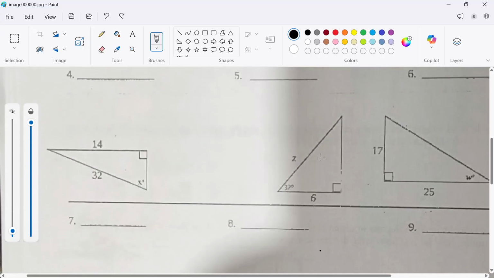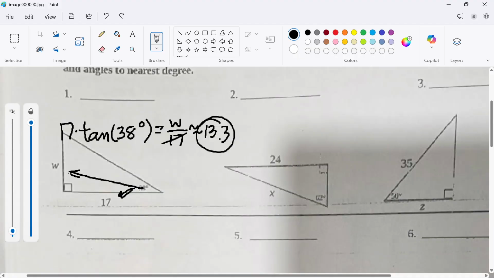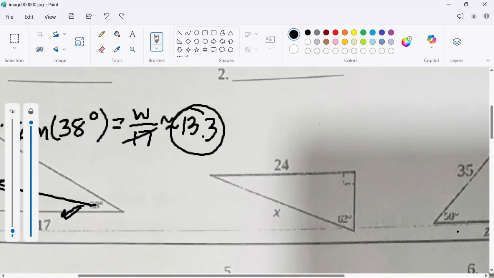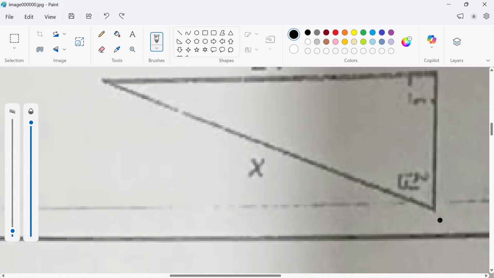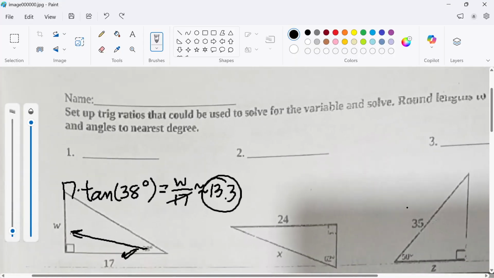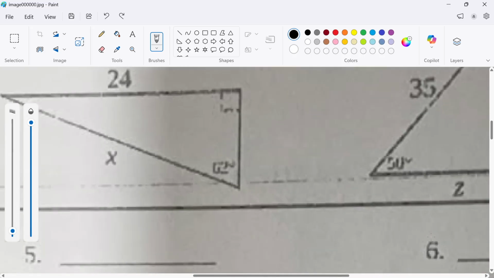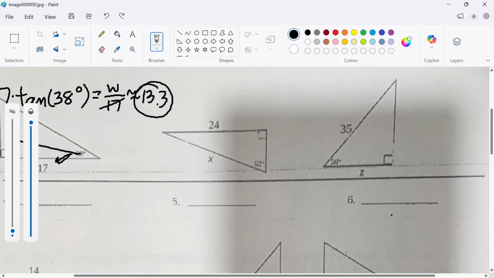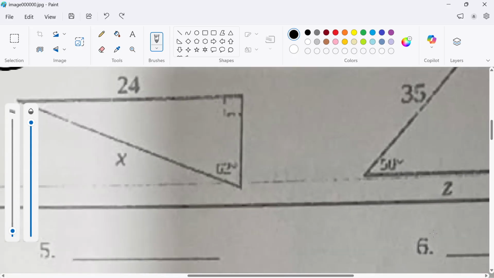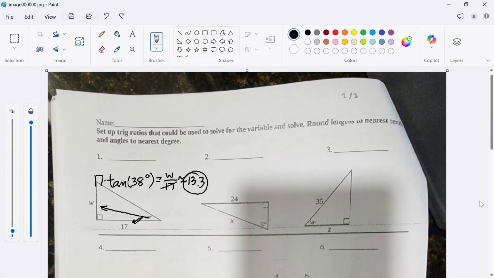Is it always going to be opposite over adjacent when I'm looking for the side length? Some of these I cannot read on this worksheet. I cannot read the angles. All right, I'm just going to say that's 50 degrees. If it's not 50 degrees and you have this worksheet, work it with your angle, but I'm just doing an example.